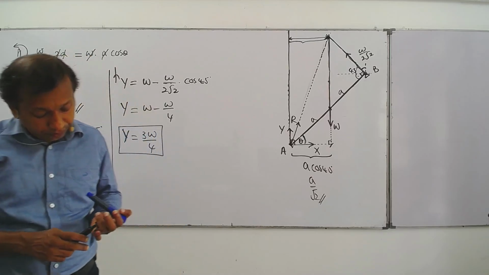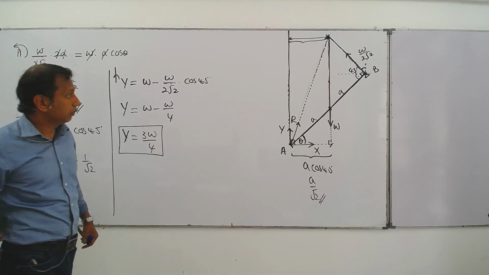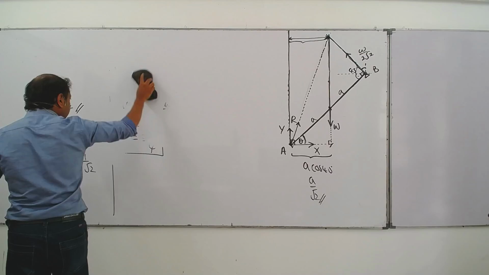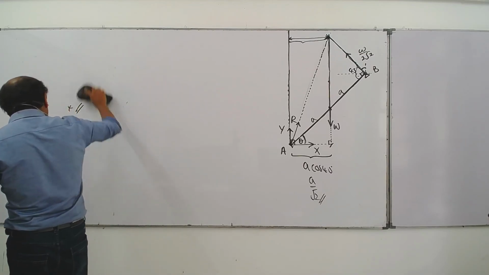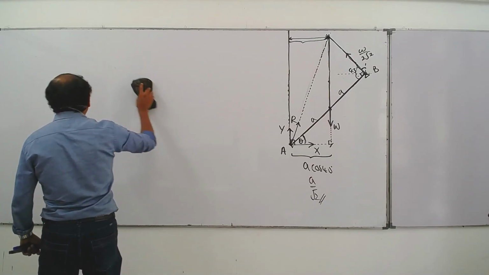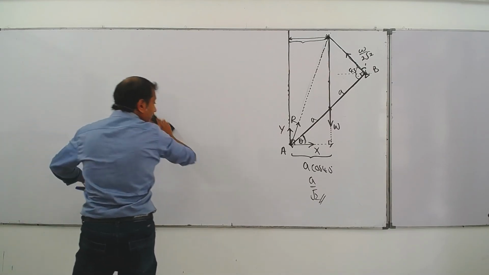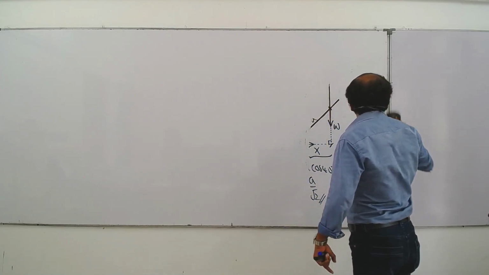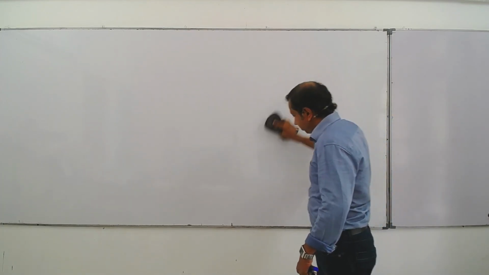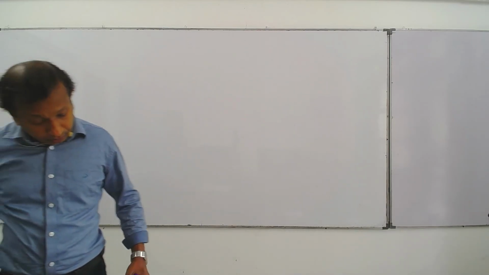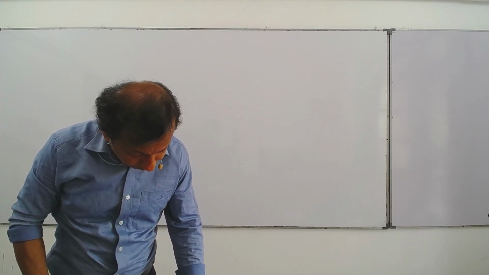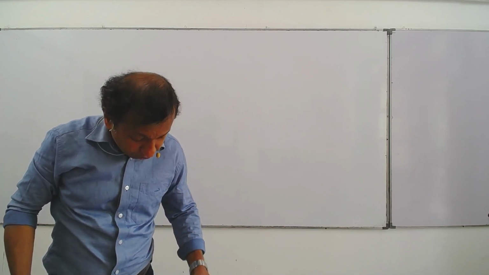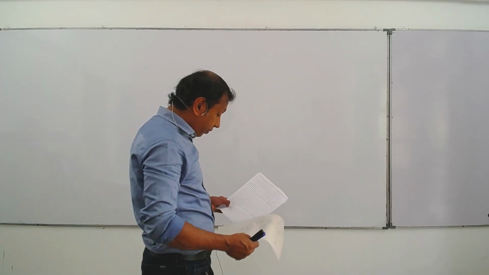The question number 4. Three forces, Pi plus 2Pj, 2Pi minus Pj, and API plus BPJ act at points on the OXY plane with position vectors, these.